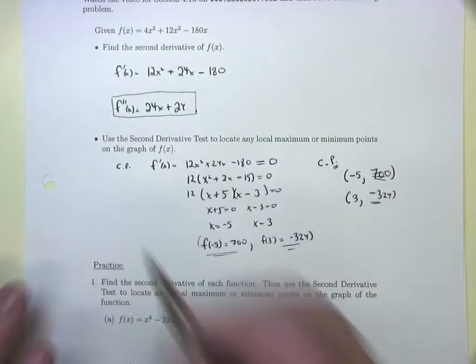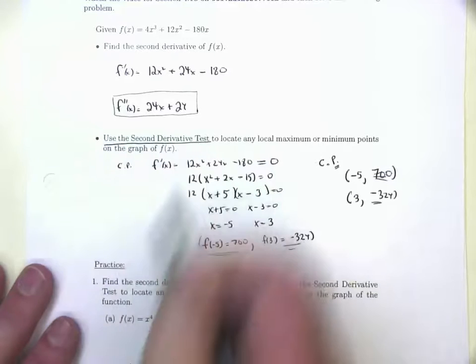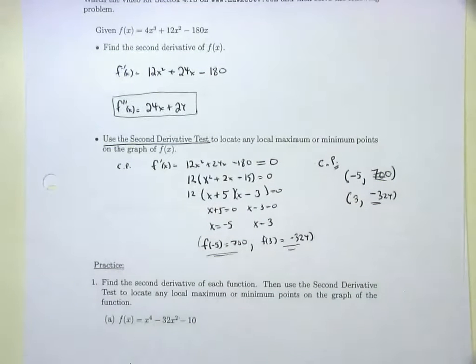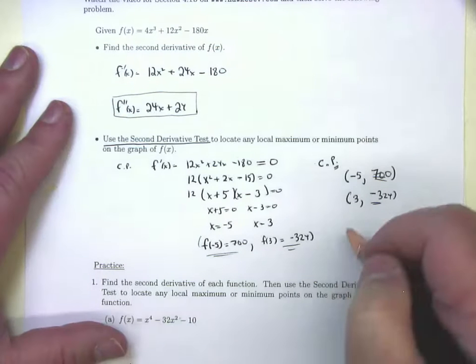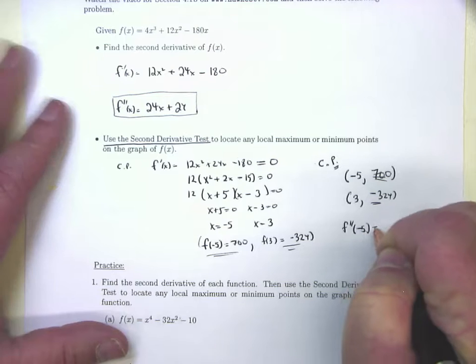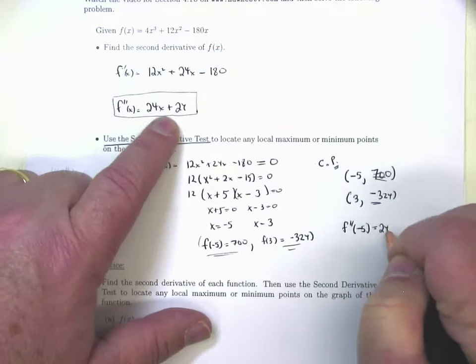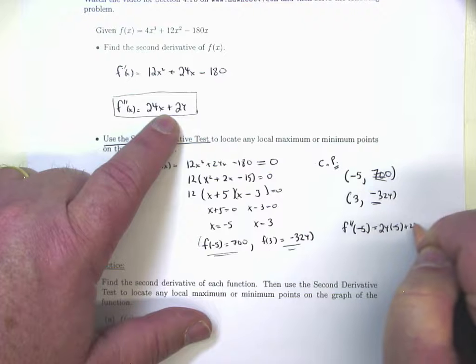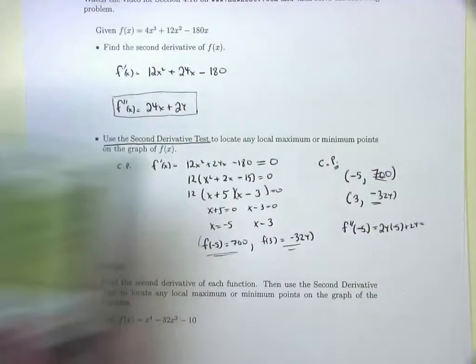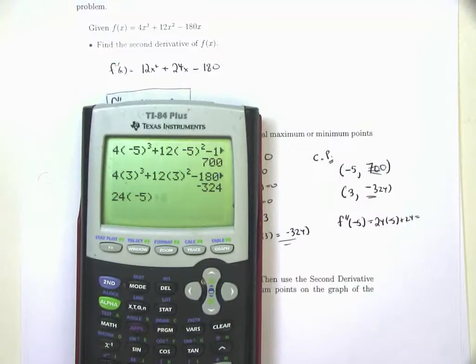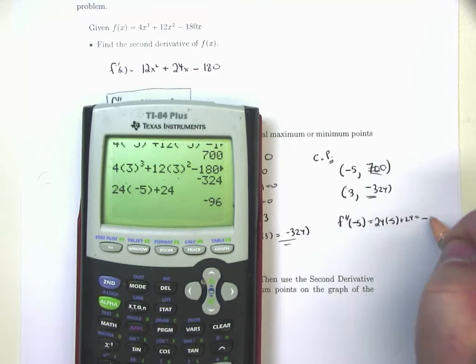I'm going to use the second derivative test. So, which one's which? I'm not going to look at a number line. I haven't even drawn a number line on this thing. This is what I'm going to do. I'm going to take my second derivative, 24x plus 24, and plug in -5. That'll be 24 times -5 plus 24, which is -96.